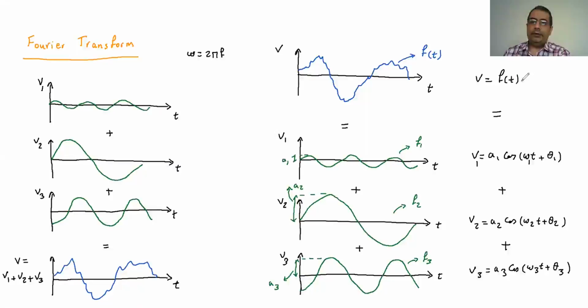So in other words, I'm writing a signal in the time domain that I have no idea what formula can be used to present that equation in the time domain.